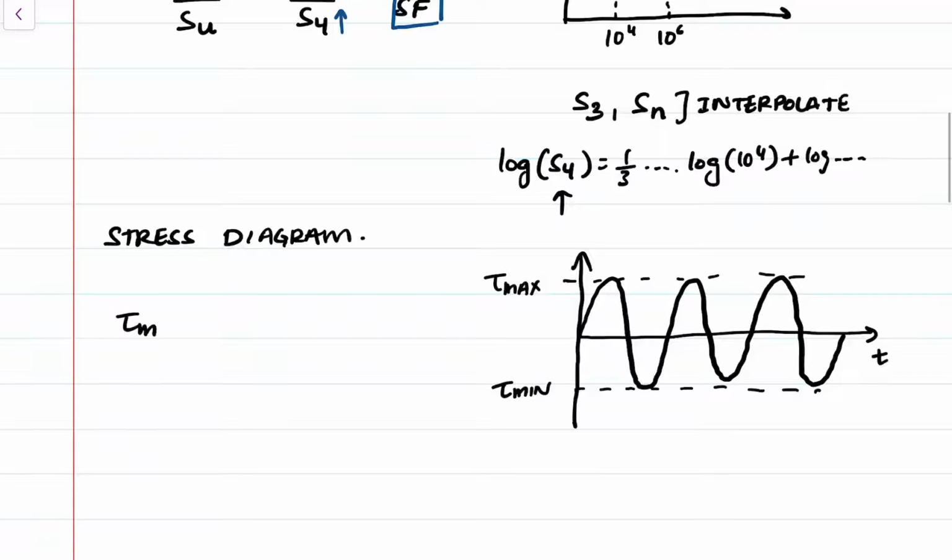So I have tau m over SU, but now because I'm dealing in terms of shear, I will say SUS. So this is going to be the ultimate shear strength plus tau alternating over Sn, because we're looking at infinite life, equals 1 over the safety factor, which is 2 in our case.